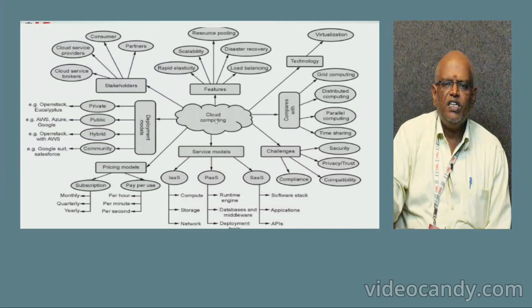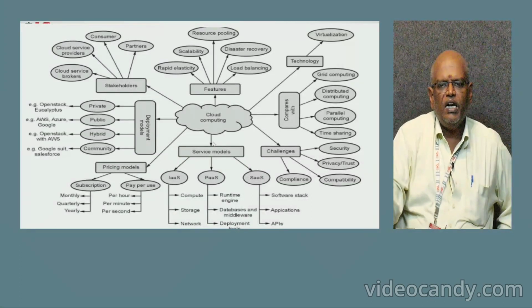When you look at the cloud computing structure, we can identify various types of activities. Cloud computing consists of deployment models. The deployment models are private cloud, public cloud, hybrid cloud and community cloud.